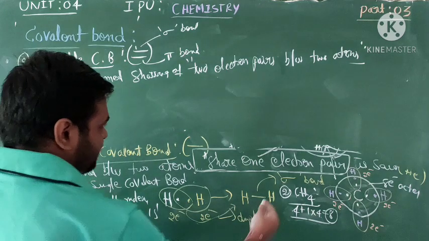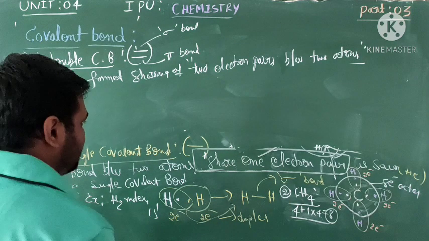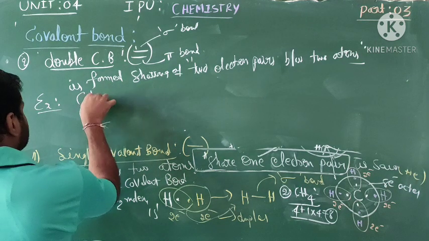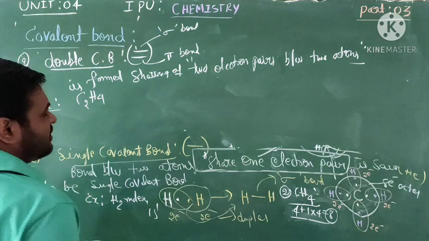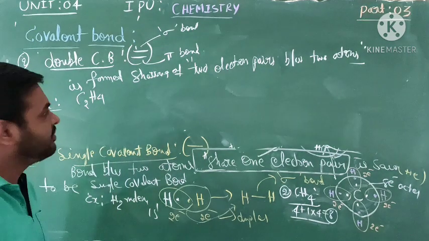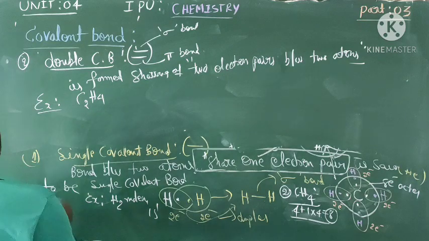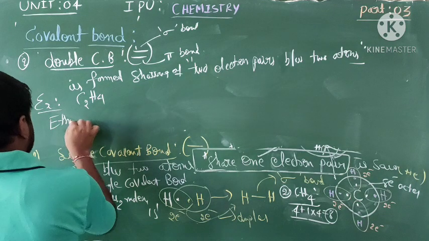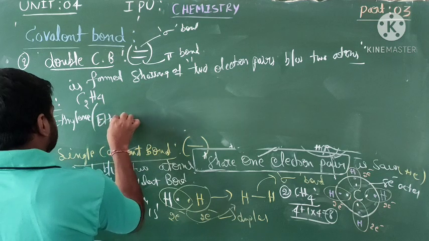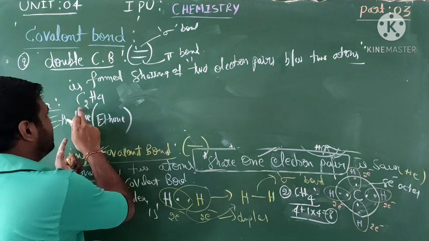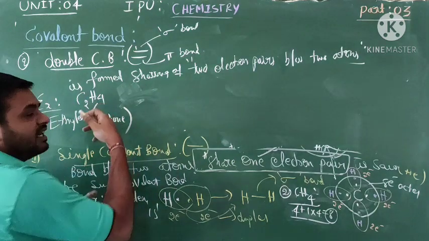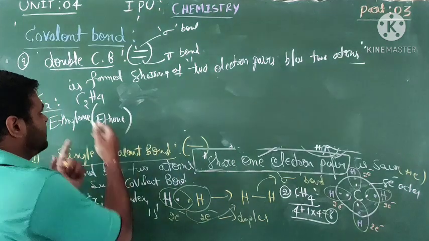So we take C2H4. This is called what? Ethene, one of the alkene examples, ethene or ethylene. See here, two carbon atoms are present and four hydrogen atoms are present.